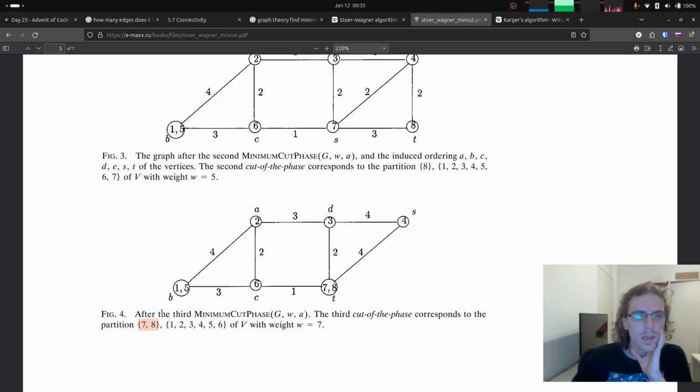So okay, we started again with 2, then B was this again because this didn't change, C was this again, D, this was S and T, and then okay, if we cut this T, the weight of this is 7, yeah.